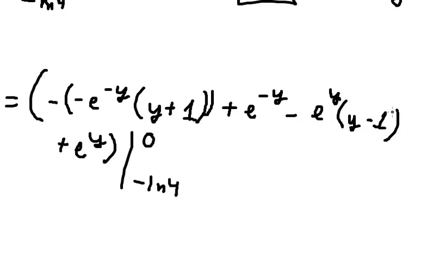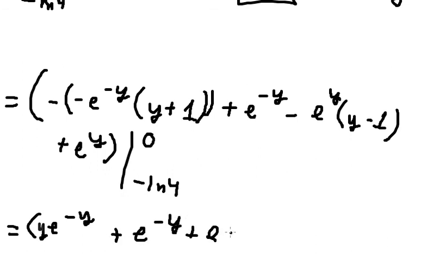Now we need to simplify everything in here. Negative with negative, we have positive. Positive multiplied by y, we have y in here. And we have e to the power of negative y. This one, we have negative e to the power of y with y in here. Negative, negative, we have positive.